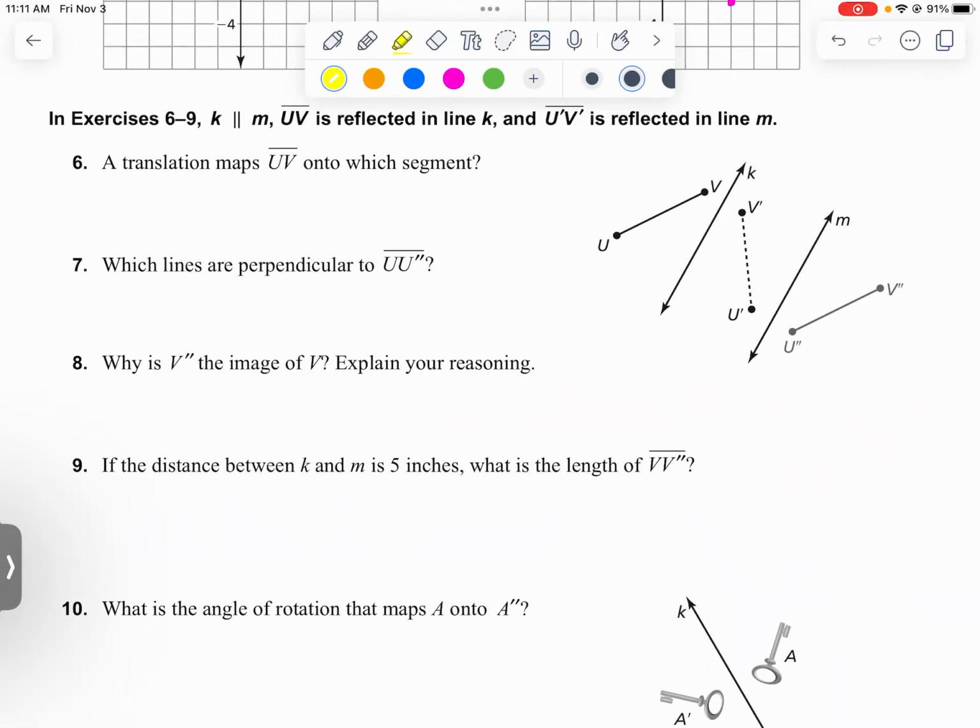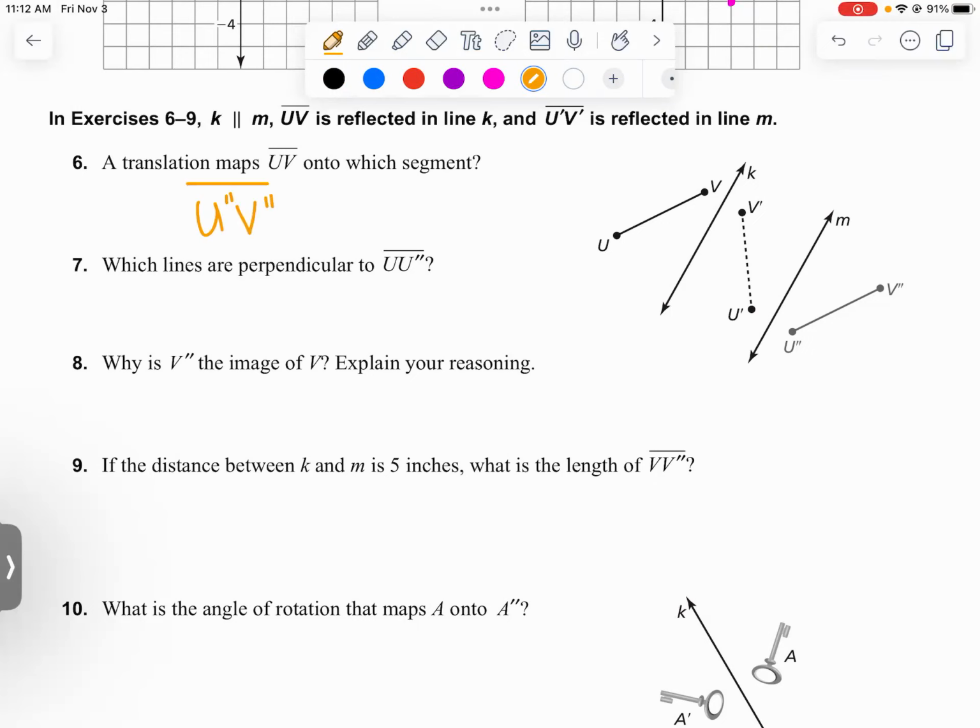What's a translation? Is a translation a slide, a flip? Oh, it's a slide. So UV slides to where? Is this a slide? Or is this a slide? This one, okay. So U prime, V prime, that segment would be the translation.